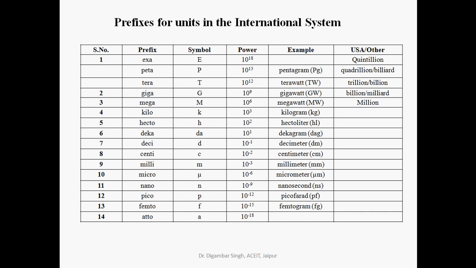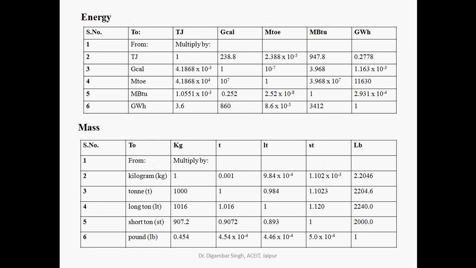Similarly centi, milli, micro, nano, these are the lowest units, like pico, small p, 10 to the power minus 12.